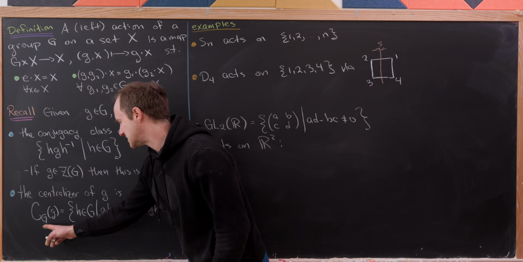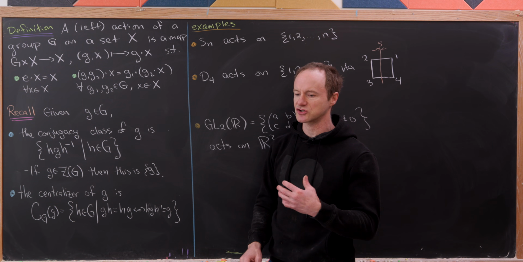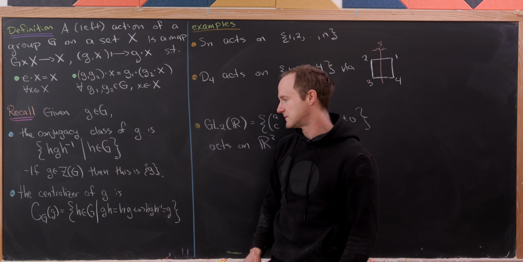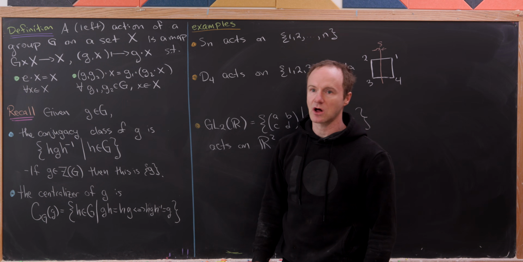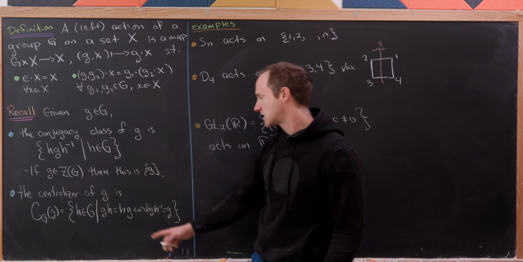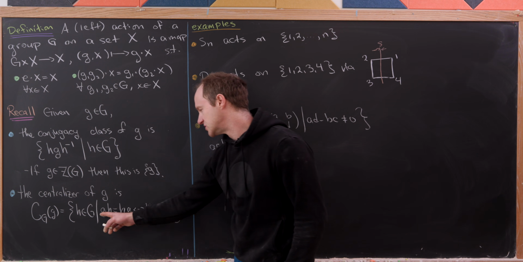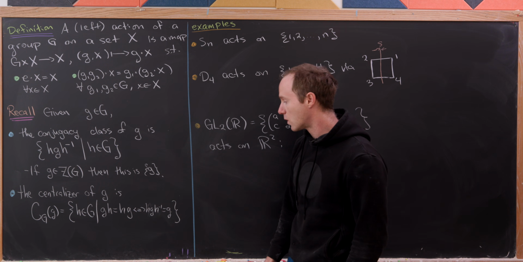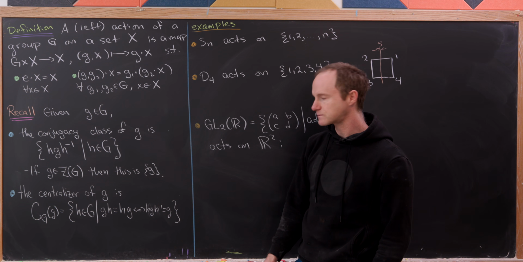We'll denote that by C_G(g), the centralizer of g in G. That's everything in G, which we'll call h, that commutes with this single element g. So in other words, gh is equal to hg, or in other words, hgh inverse is equal to g.